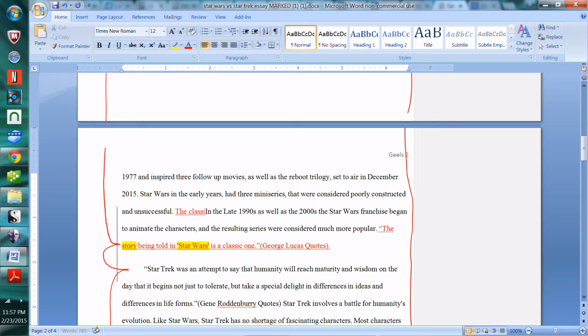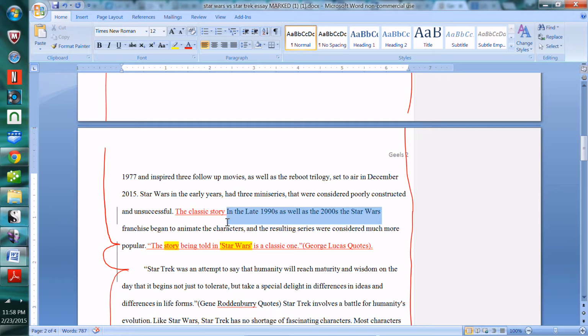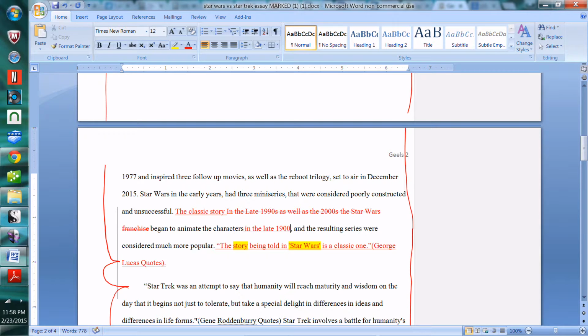This classic story began to animate the characters in the late 1990s and 2000s, resulting in a series that was considered much more popular.